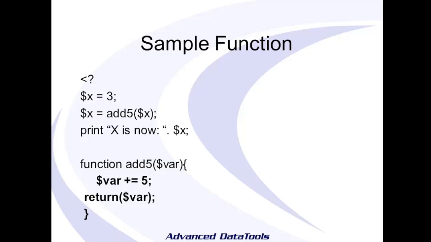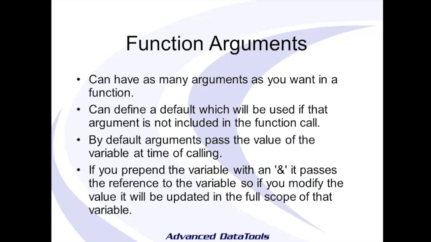Function writing, if you've worked with another one of the scripting languages like Perl, or you've worked with JavaScript even, it's not that different, especially if you've worked with C. Other than the lack of typecasting, it's not that much different. They all start with function as opposed to sub or procedure in some other languages. They are all called function. And they all have start and end braces for them.